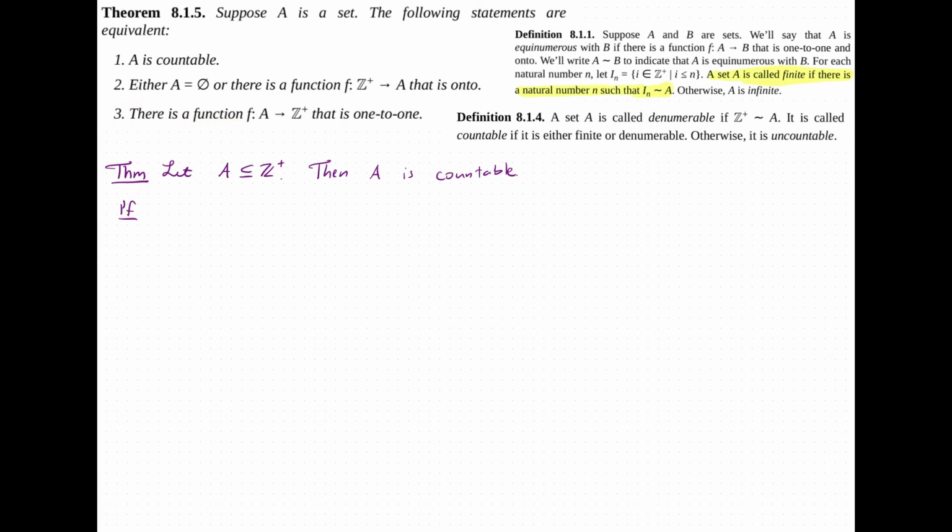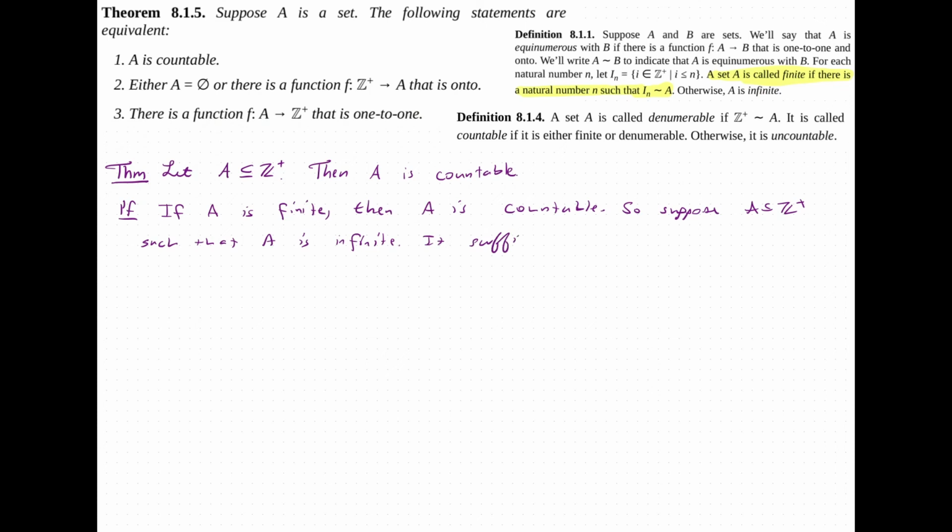So we have A is a subset of the positive integers. If A is finite, then A is countable. So suppose A is a subset of the positive integers such that A is infinite. So it suffices to show that A is denumerable.